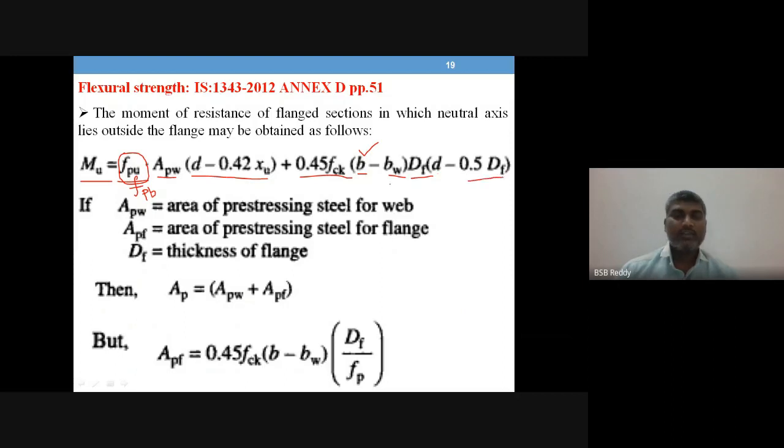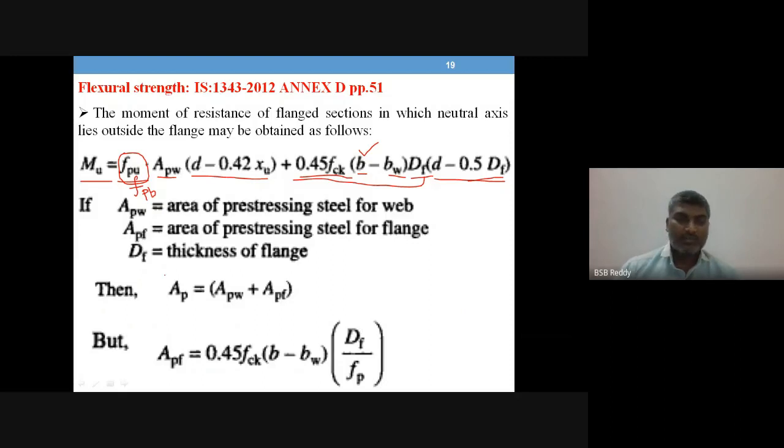So FPB into APW, area of prestressing steel for web, D minus 0.42 XU, plus 0.45 FCK, B minus BW into DF is the compressive force multiplied by the lever arm D minus 0.5 DF.